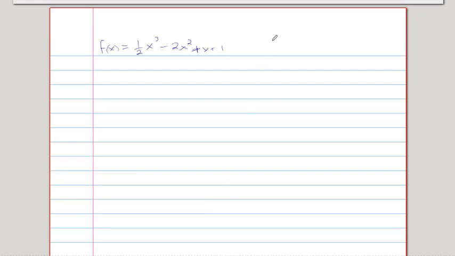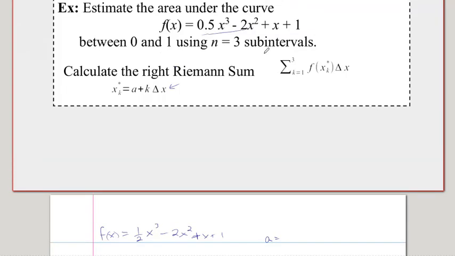So the first thing I'm going to do is figure out what is a. Well, it tells me up here, I shouldn't skip over this. I'm between 0 and 1, so my a is 0, and my delta x then is 1 minus 0 over 3, so the endpoints subtracted over the number of intervals that I want, 3, and that is going to be 1/3.